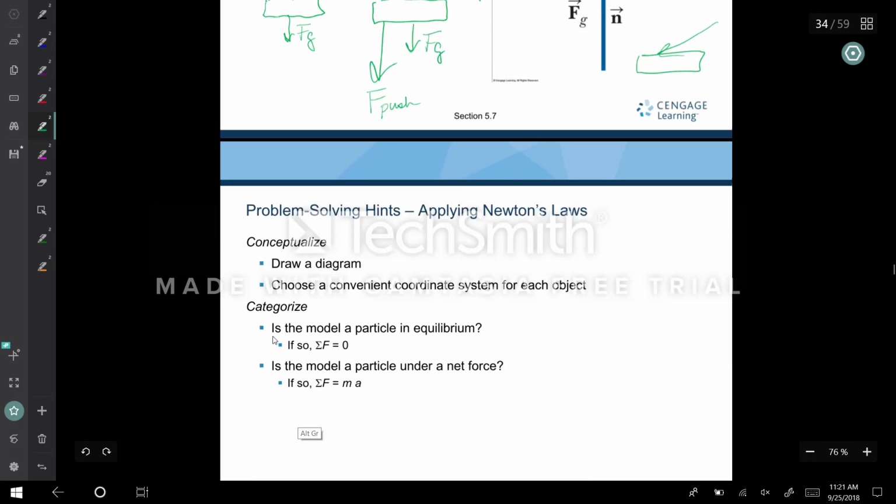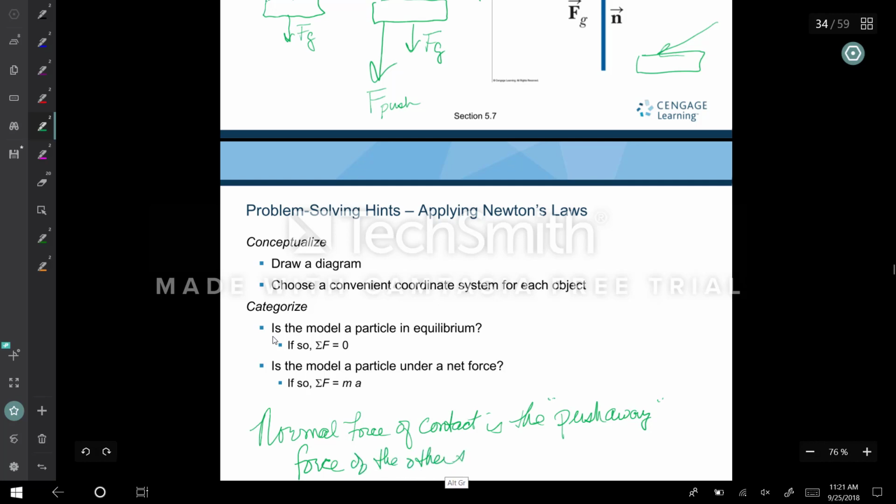So the normal force of contact is the push-away force of the other surface due to its integrity. That is, it holds together. Excellent.